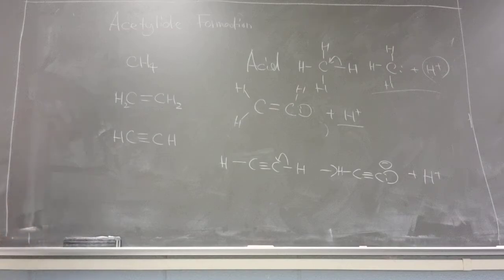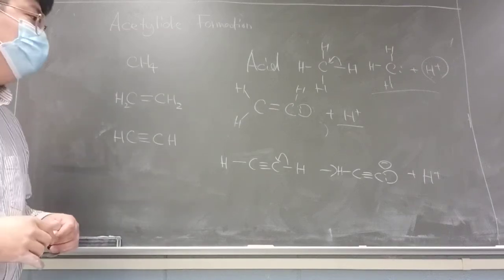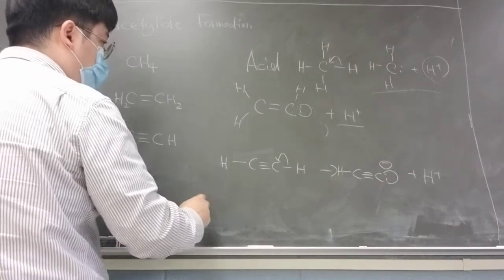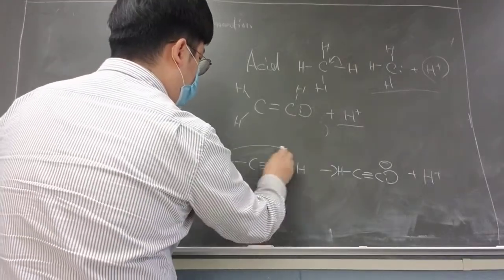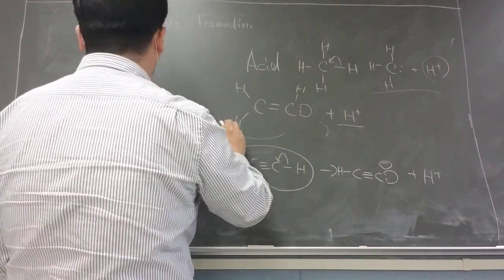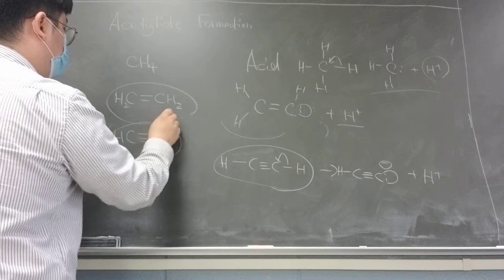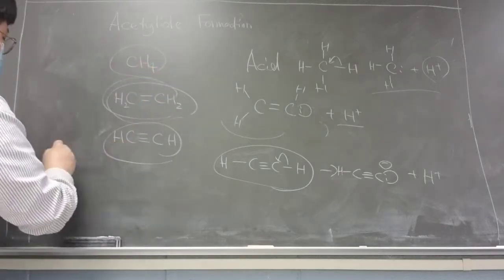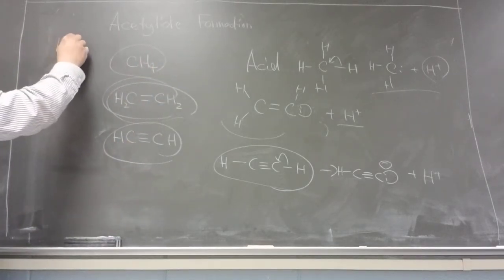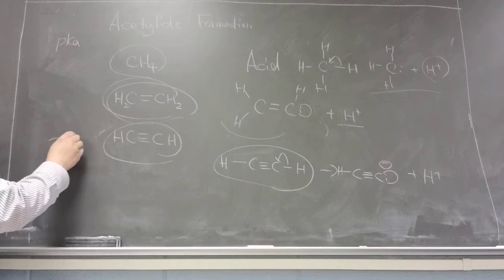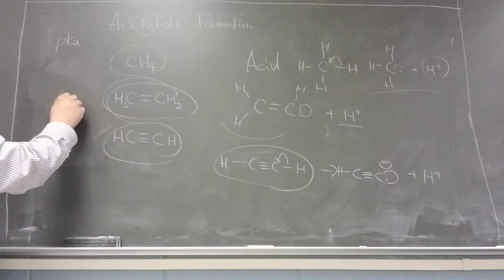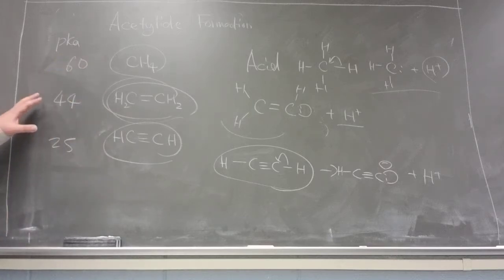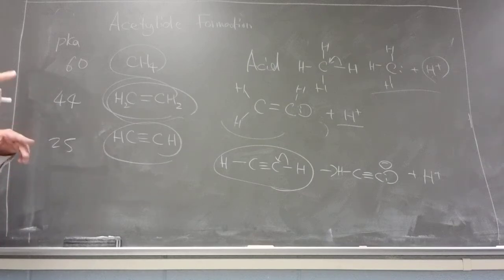Okay, so whenever you look at the pKa values for these, the pKa values are about 25, I think 44, and 60. The lower the pKa, the stronger the acid.